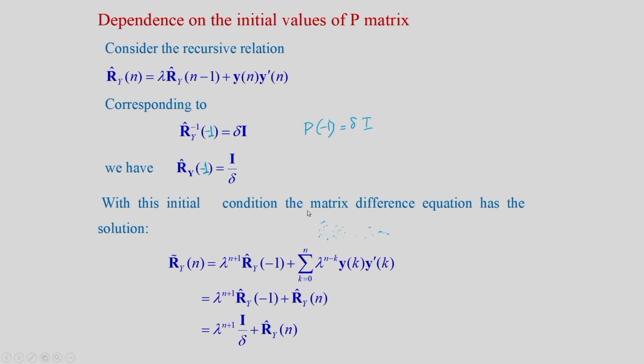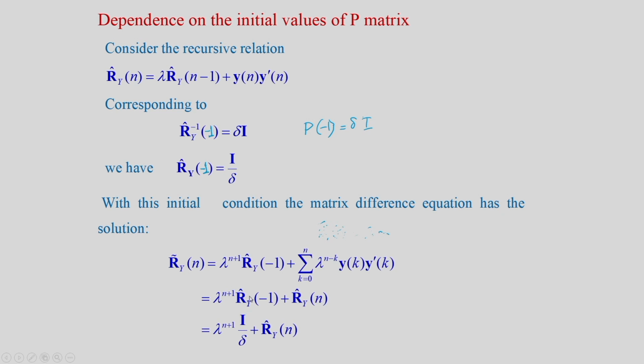With this initial condition, the matrix difference equation corresponding to the recursive estimation of the autocorrelation function has the solution like this: R tilde n, because we are assuming this initial condition, is equal to lambda to the power n plus 1 into Ry hat minus 1, this is the initial condition, plus summation lambda to the power n minus k into yk yk transpose, k going from 0 to n.